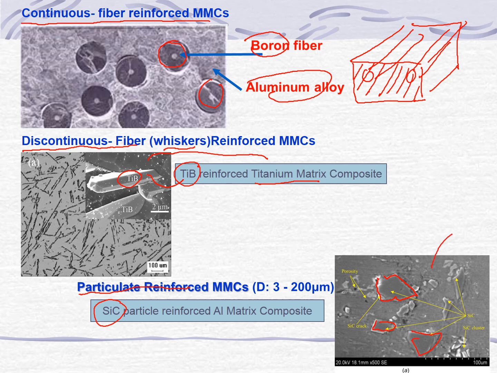The continuous phase is the aluminum matrix, and you can see big and small silicon carbide particles, some of them in clusters. You can also see some porosity in the composite, and also cracks in the silicon carbide.